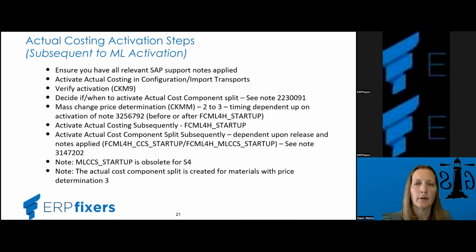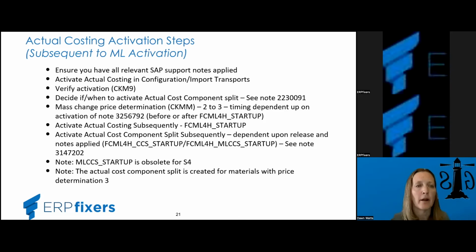In some of the earlier versions, there was really a migration, as the S4 material ledger and actual costing functionality really matured. There's been some updates and things like that. So making sure that you have all the relevant SAP notes applied is important, even if you're already on an S4 version. And then, activating actual costs in the configuration and importing those transports, that would be your next step.